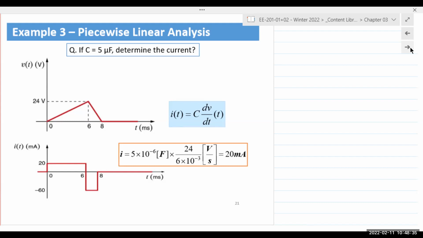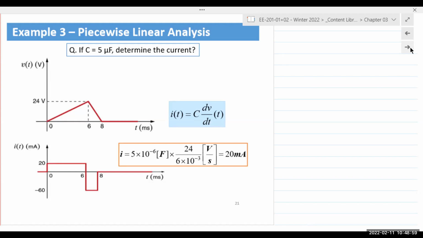So we break it up right here into 2 parts, from 0 to 6 and 6 to 8. And each piece is linear with respect to time. So we are able to write a mathematical expression for that piece and solve using our equations. And hence the term piecewise linear analysis.